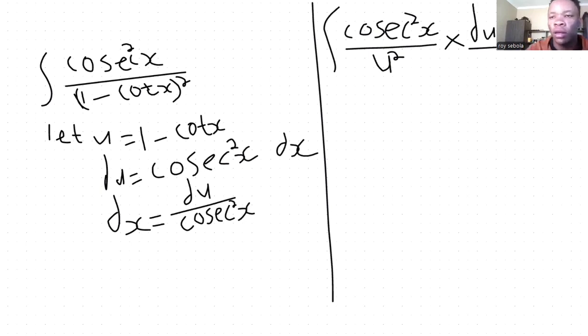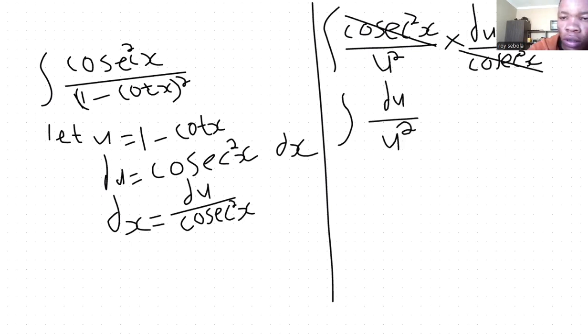From here, this cosec squared x will cancel this one, so we'll be remaining with the integral of du all over u squared, which is equal to 1 over u squared du.